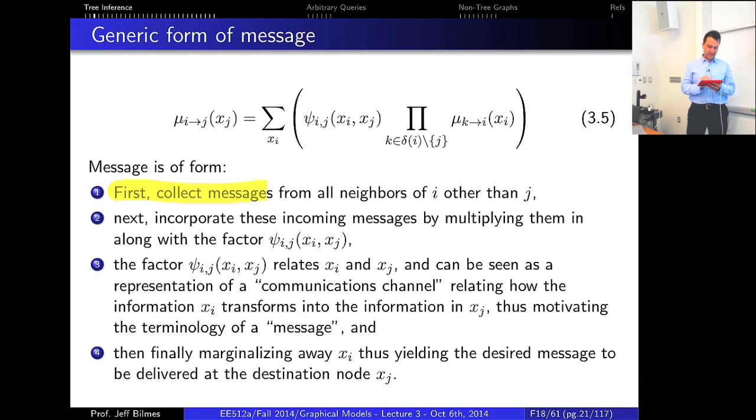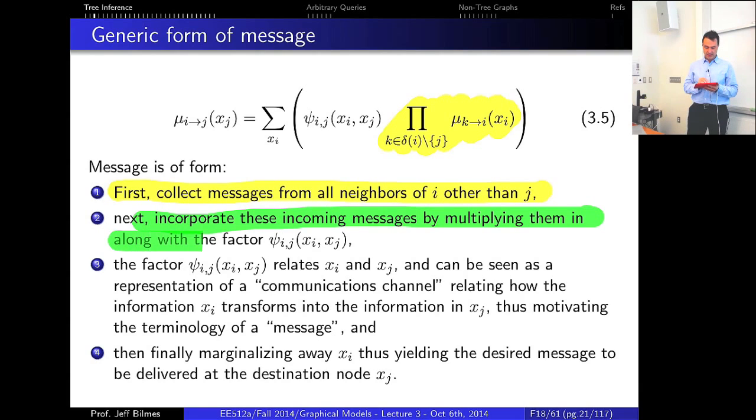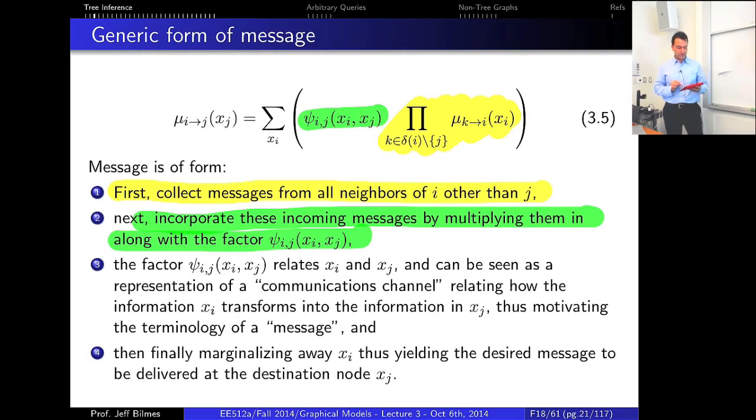The first thing we do is collect all messages from all neighbors of i other than j. That's this stuff right here. The next thing we do is incorporate these incoming messages by multiplying them along with this edge factor. That's basically this stuff up there. The ij factor is like a communications channel between i and j.